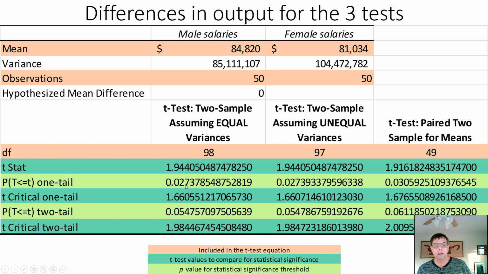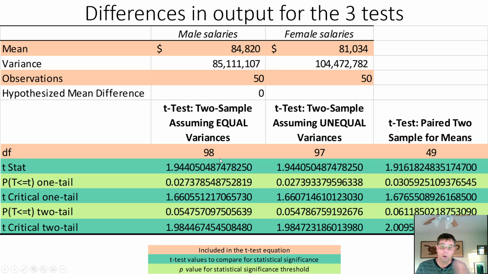Now your p-values are slightly different, 0.0273 and then 0.0279. So you see that the number for equal variance is smaller than for unequal, so it is a slightly less conservative test, because of the differences in degrees of freedom.